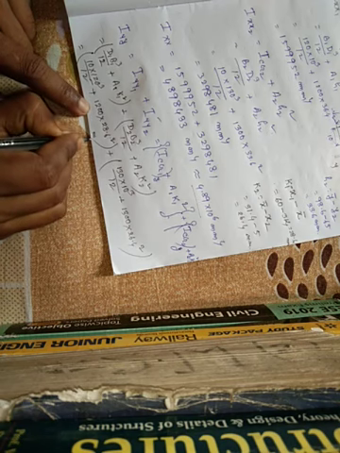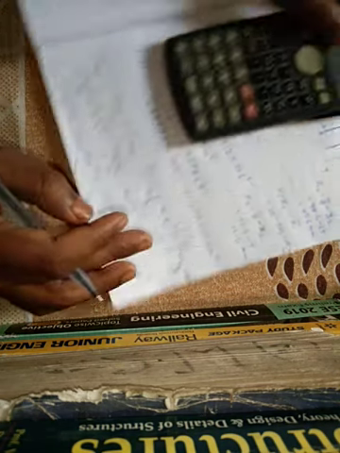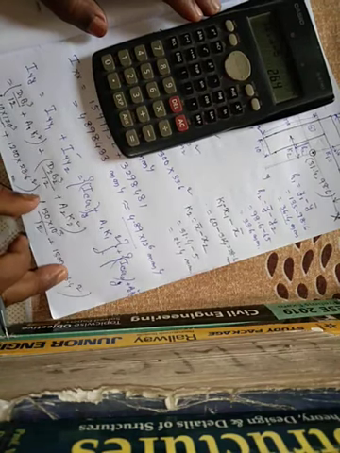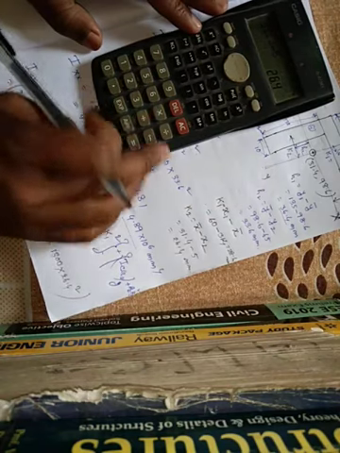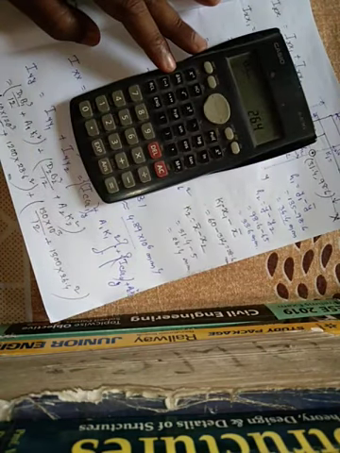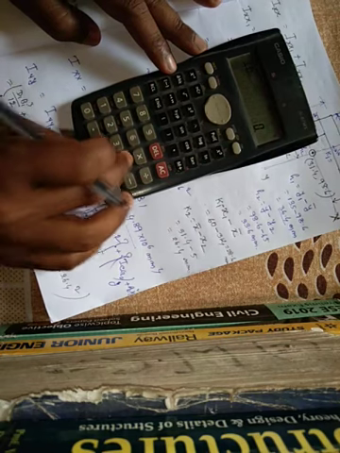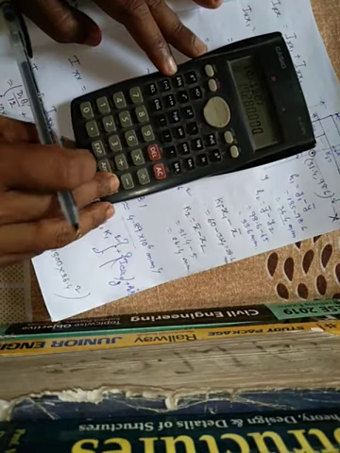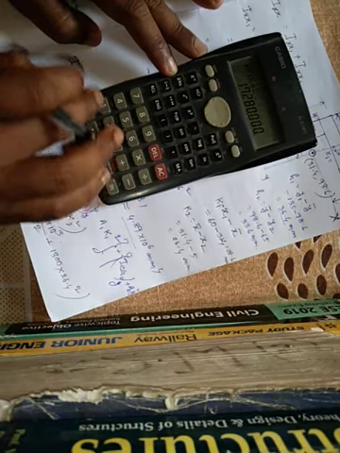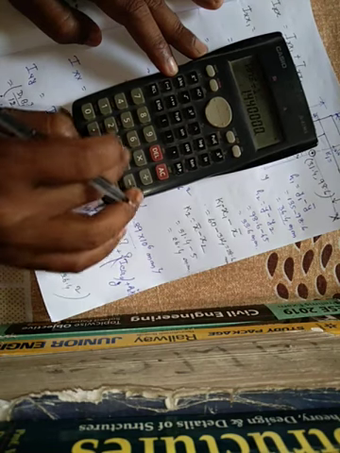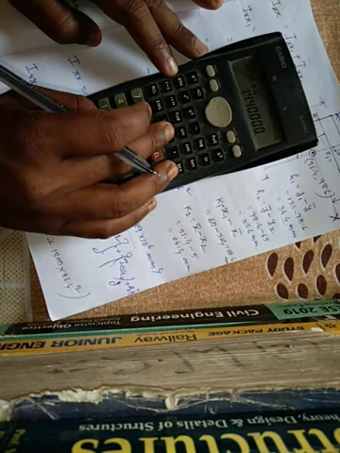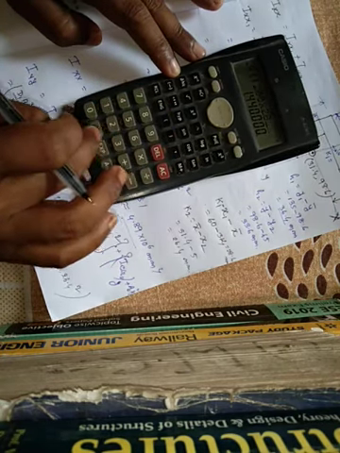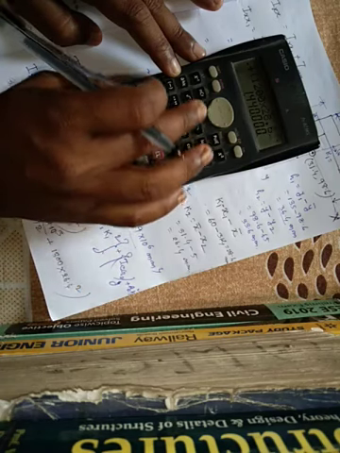Now calculate it. Here I will calculate this one and this one. This is 10 into 120 cube divided by 12 plus 1200 into 28.6 square.